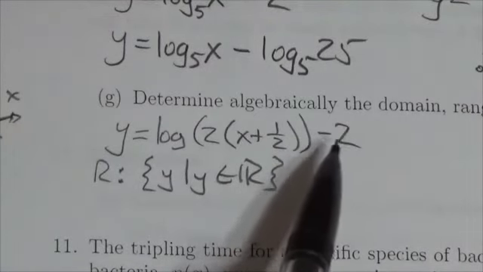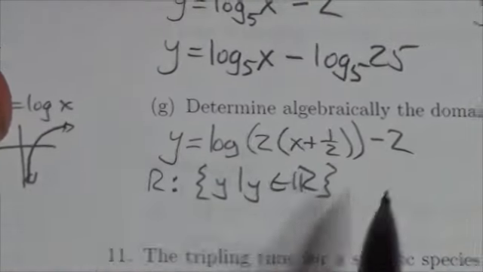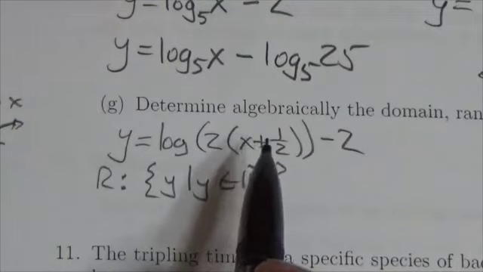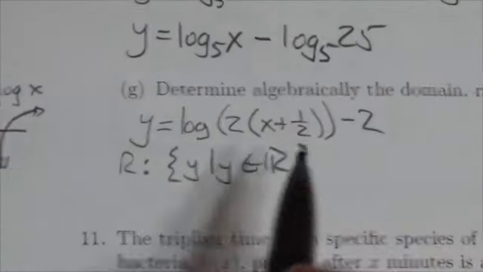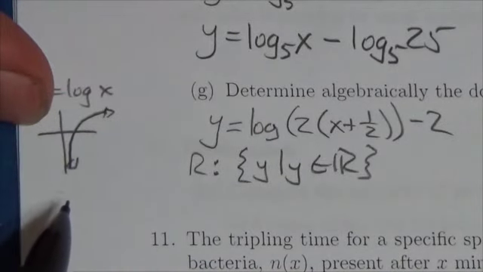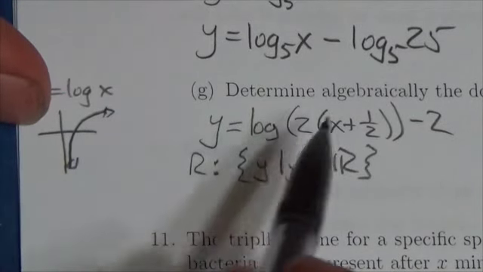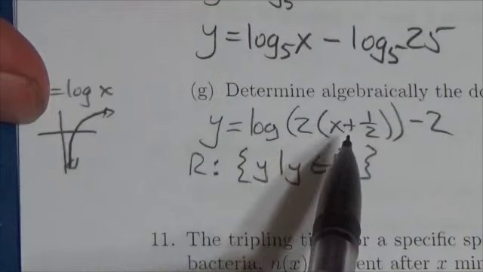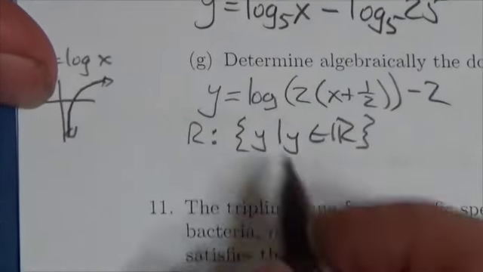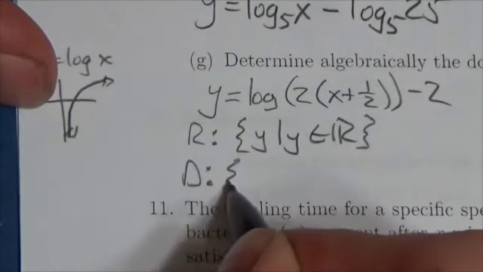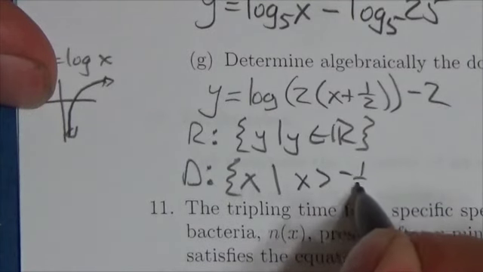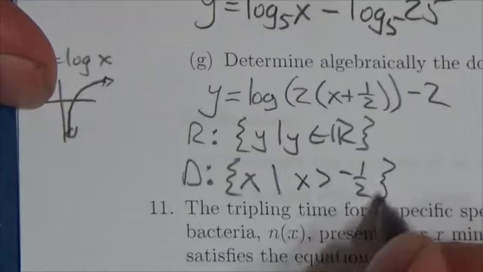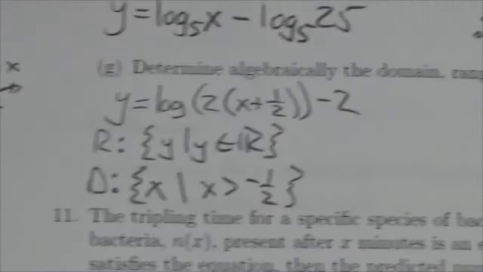Neither will a vertical translation 2 units down. However, moving this 1/2 unit to the left will change the domain, because right now the vertical asymptote is at 0, but everything will shift 1/2 unit to the left. So my domain is the set of x values such that x is greater than -1/2. So that's my domain and range.